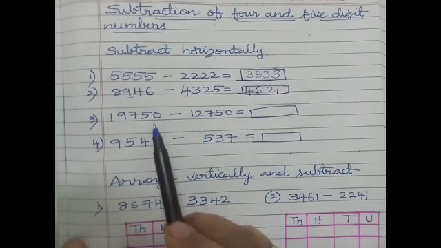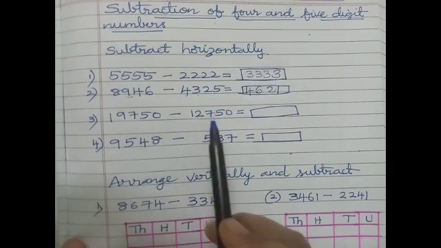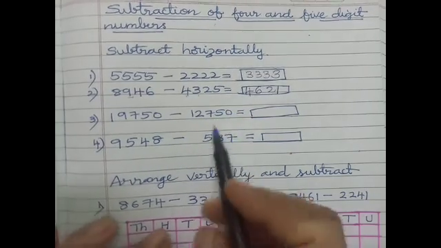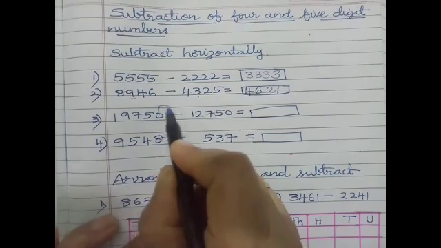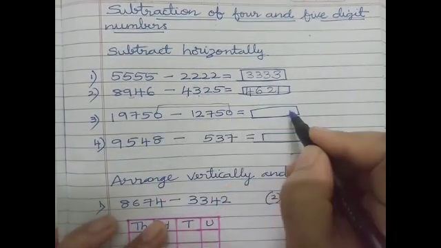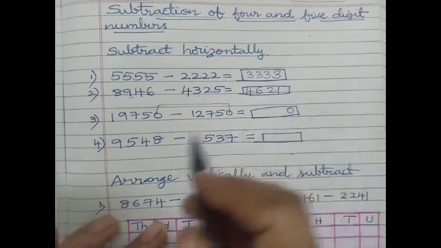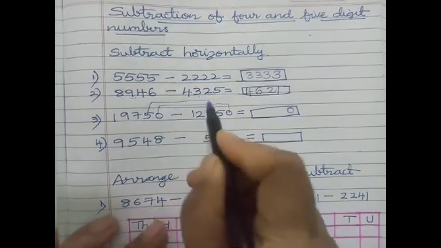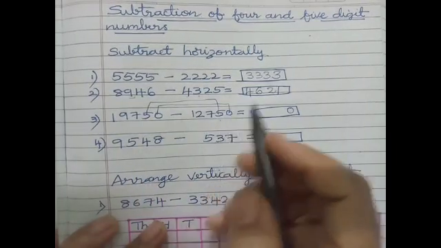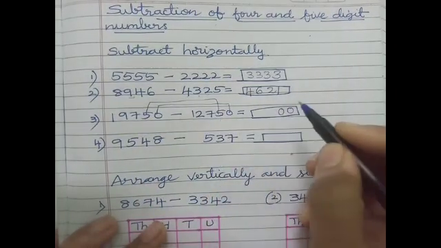Here the next sum we have the 5 digit numbers. So children, if you are finding it difficult, you can mark this way, unit and unit. 0 minus 0 is 0, then 5 minus 5 in tens place, so it is 0.